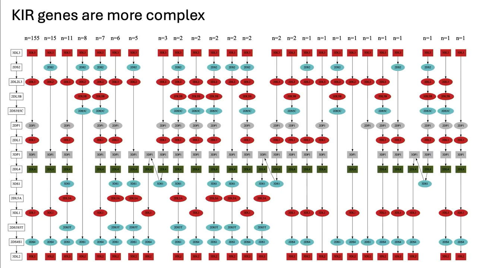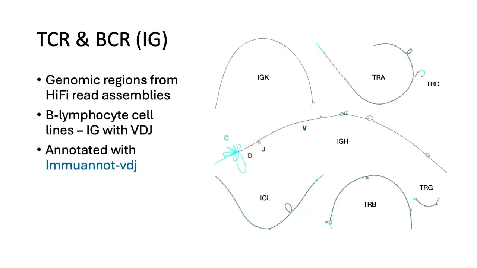The killer gene haplotypes are more complex. There's also the other HLA killer region. This is also an immune-related region: the TCR and BCR, the T cell receptors and B cell receptors, basically the antigen receptor regions.